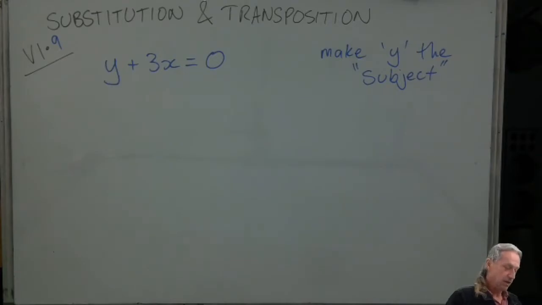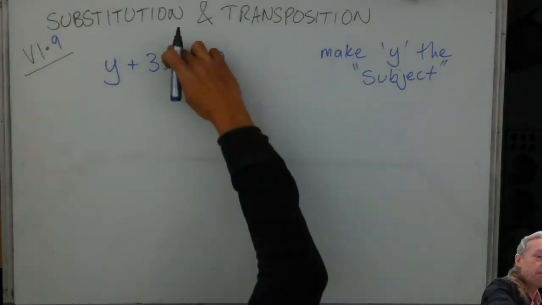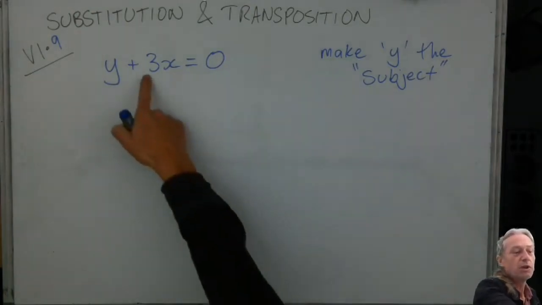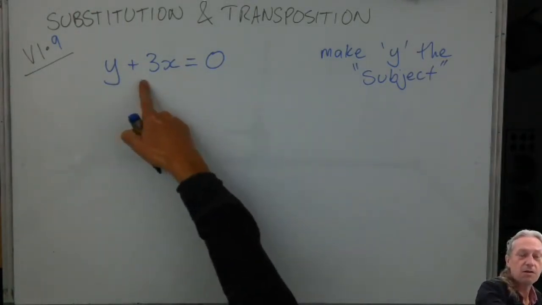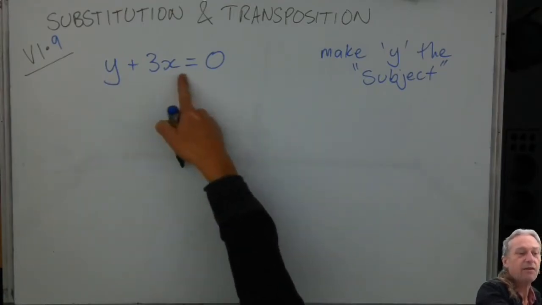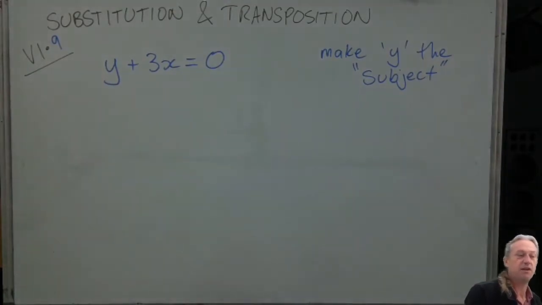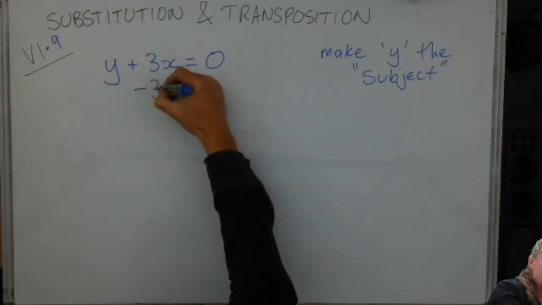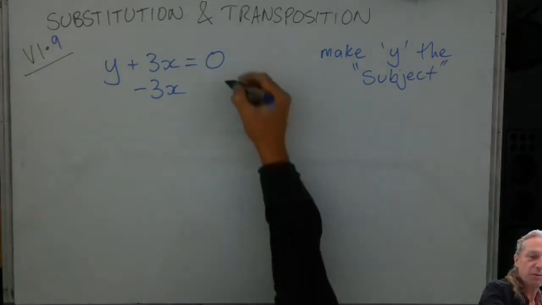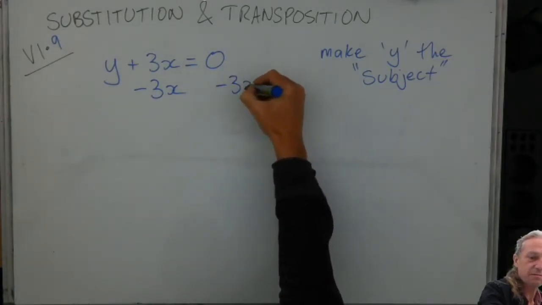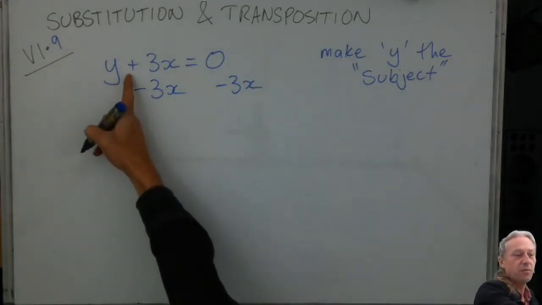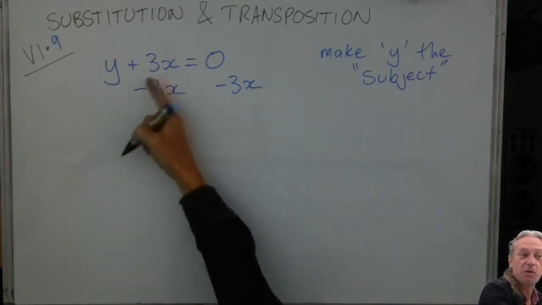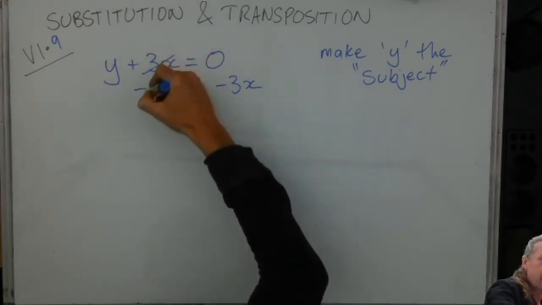So this one's not too bad. In the same way that we were moving stuff, collecting terms, we just need to take this positive 3x to the other side of the equals. So to do that, we're going to subtract 3x, but we've got to do it from both sides. Over here, we've got y, add something, take that same something away, so that cancels out.